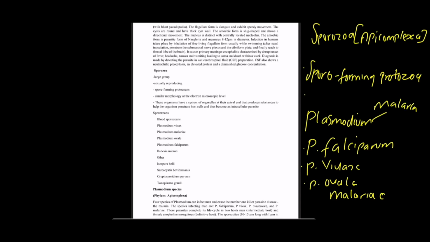And the severity of the malaria depends on the species of the Plasmodium. That is, the species, be it the vivax, the falciparum, the ovale or malariae, will determine the severity of the malaria. Are we together? Yes. All right.